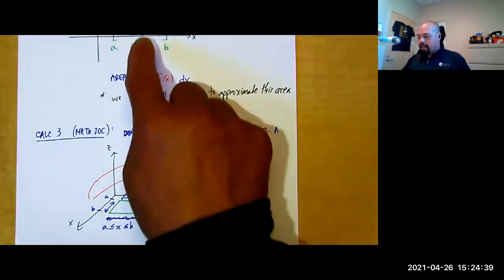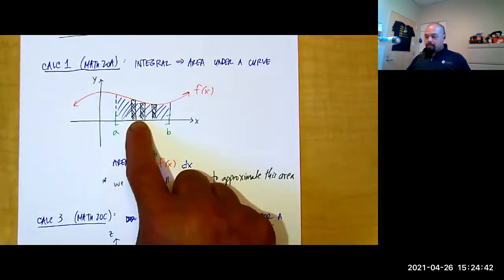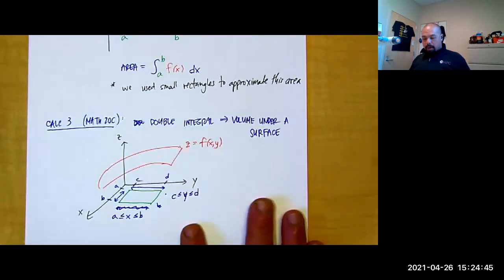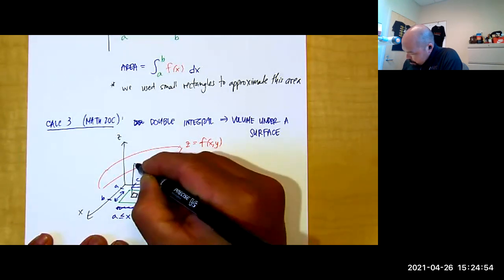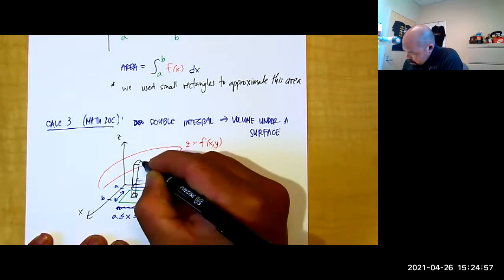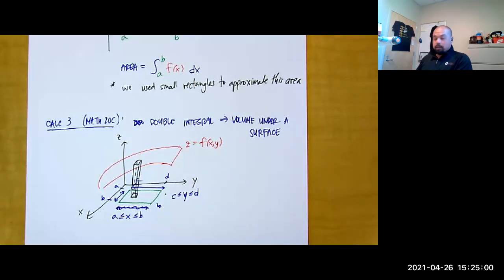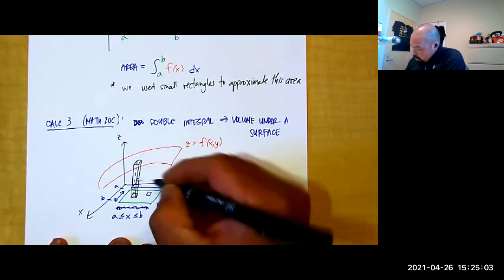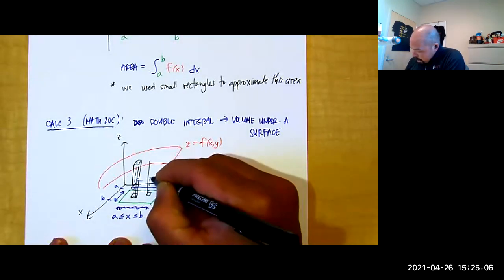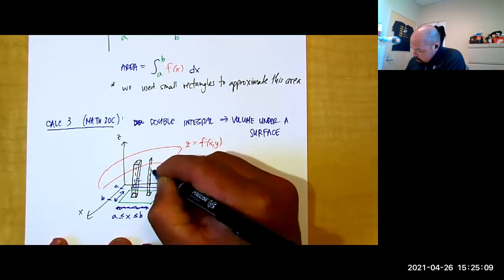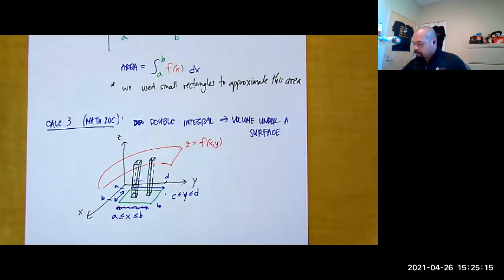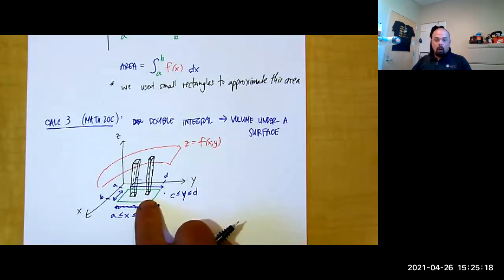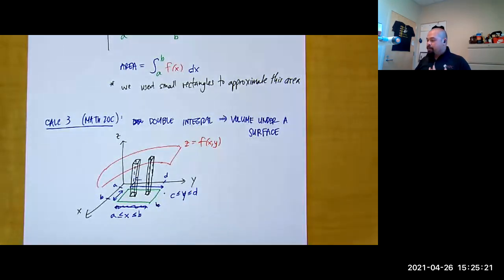And so, just as we looked at these little rectangles, now what we imagine is that we're going to have these little columns, I call them, of volume. Right? So now we're going to be imagining taking all these little rectangular prisms, all these little columns over that region that we're integrating over and adding up those quantities.